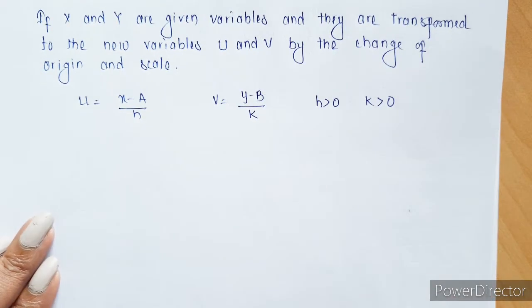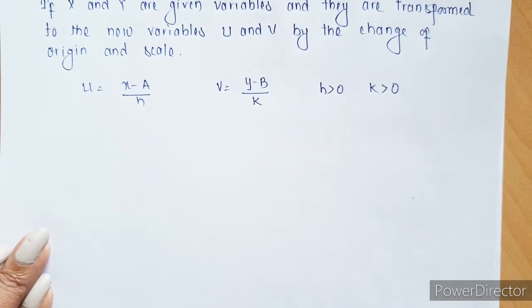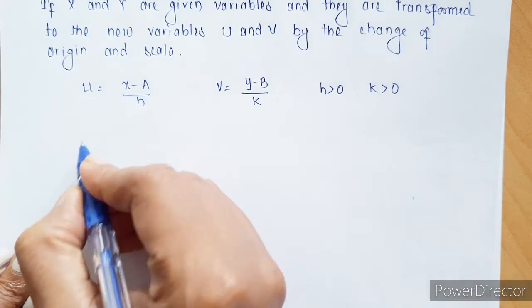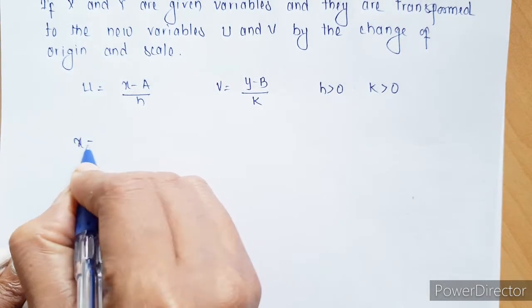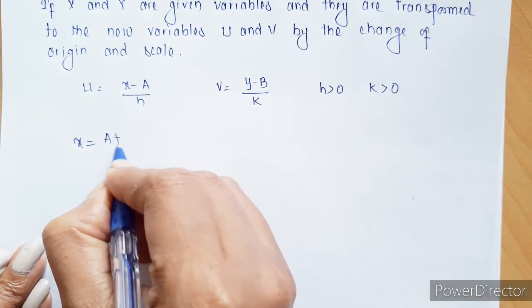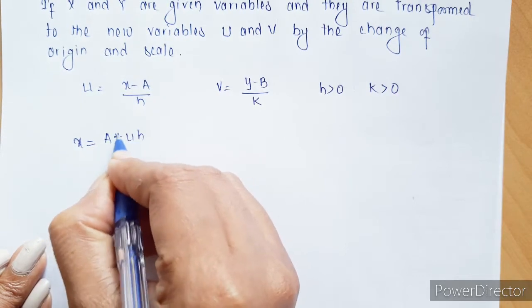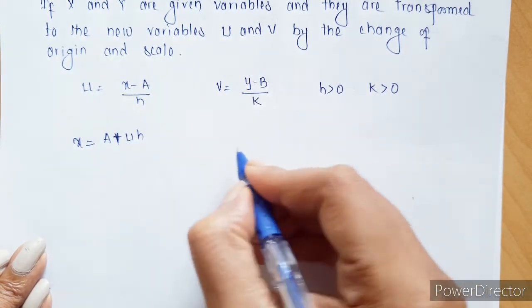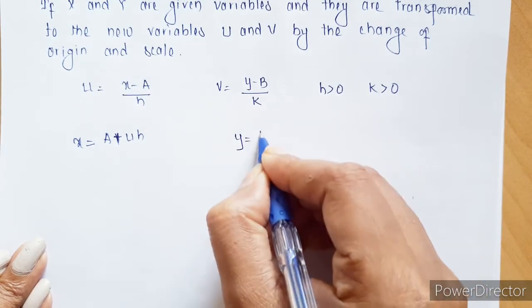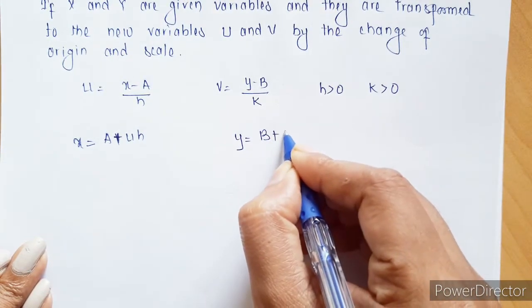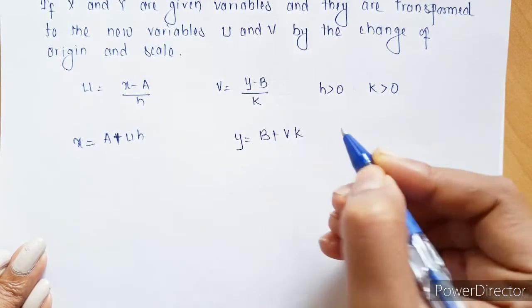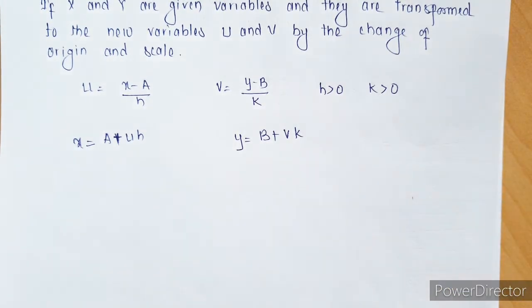Now x can be written in terms of u and v. So x can be written as a plus u times h, and y can be written as b plus v times k. Now we have to prove that the correlation coefficient of x, y is equal to the correlation coefficient of variables u, v.